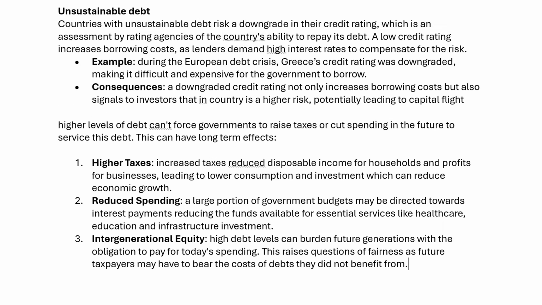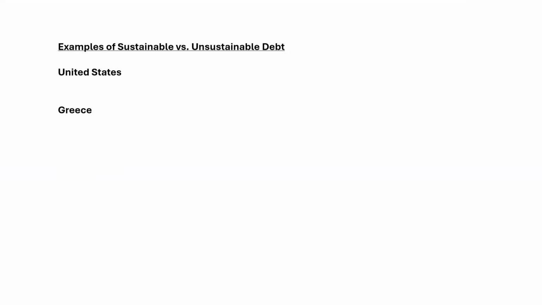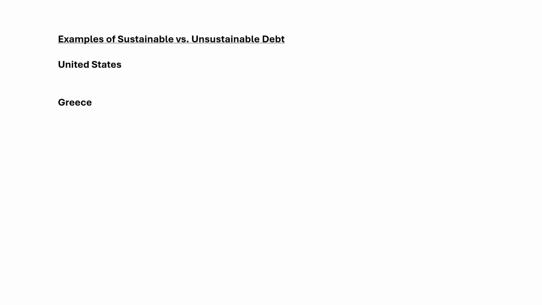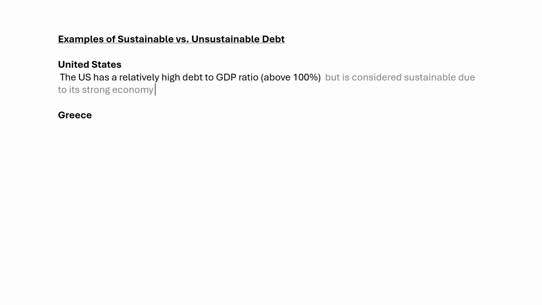Now, in this very last section, we're going to finish off with some real-world examples, and a couple of cases come to mind, and these include the United States and Greece during the European debt crisis, as previously mentioned. The US has a relatively high debt to GDP ratio, above 100%, but it is considered sustainable due to its strong economy, ability to borrow in its own currency, and low interest rates on US Treasury bonds.